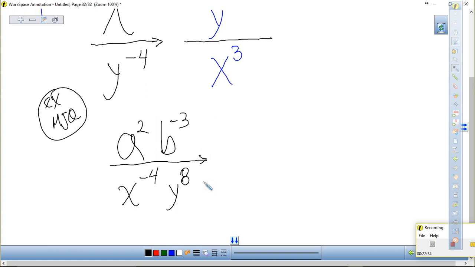Go. All right, check with the neighbor, see what they got. All right, what'd you get for this one, Jaylene? X to the 4th power, y to the 8th power.